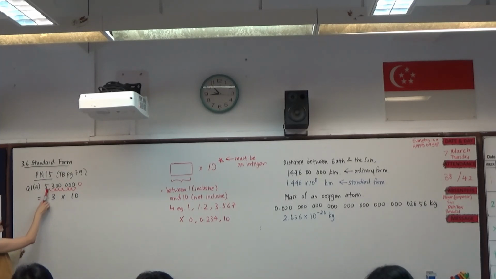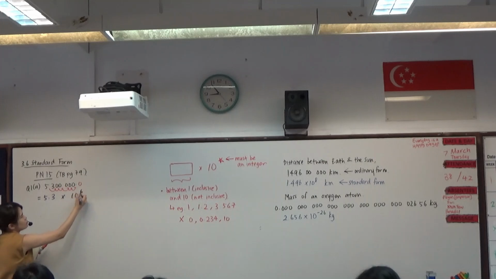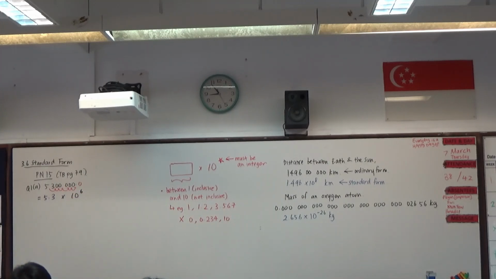So from where I want it to where it originally is, I need to move 6 places, therefore it is times 10 to the power of 6, because I'm moving it to the right.